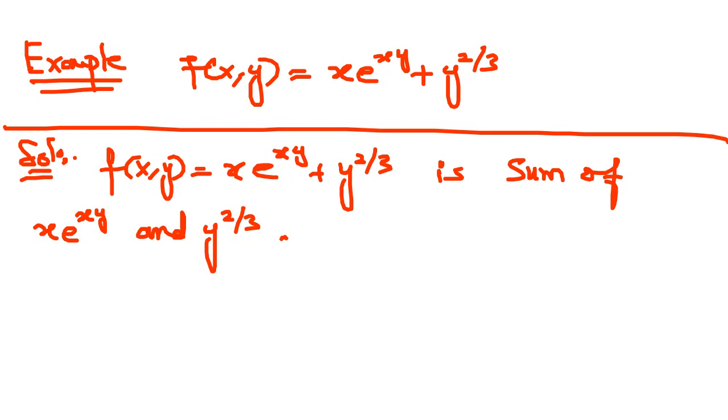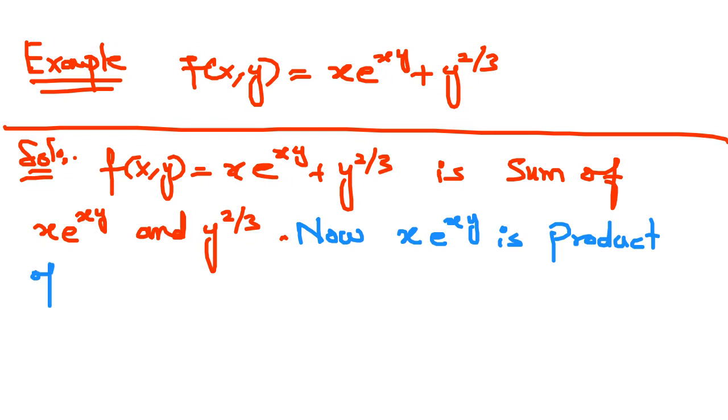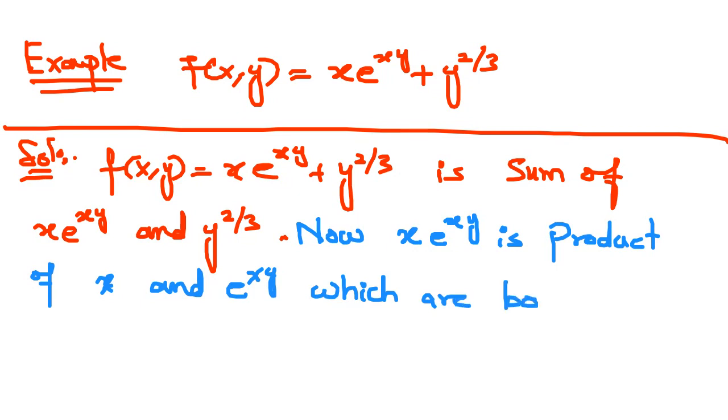Now, if you take only the first term, x and e power xy, it is the product of x and e power xy, right? Which are both continuous. So x into e power xy is also continuous.